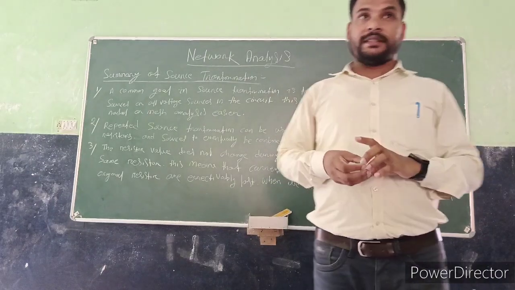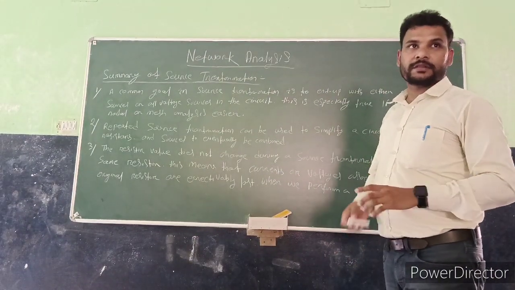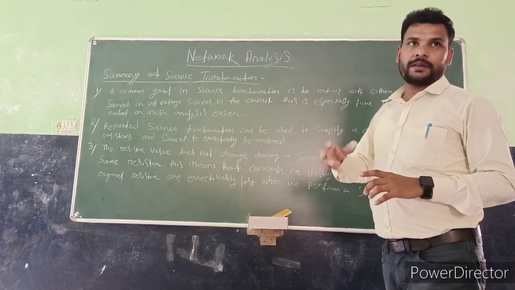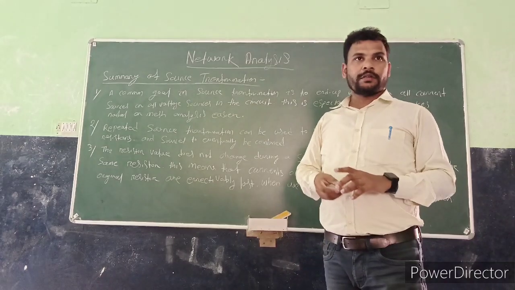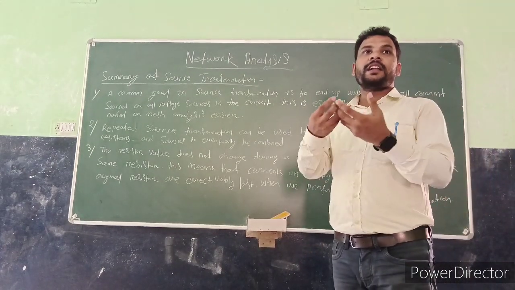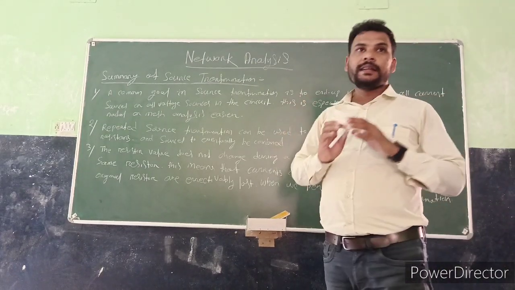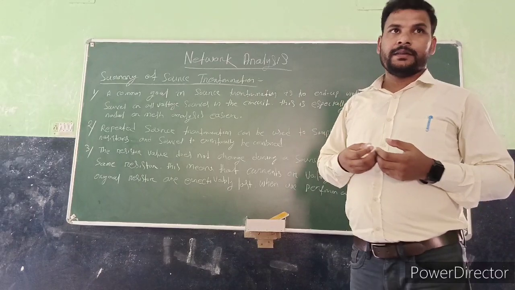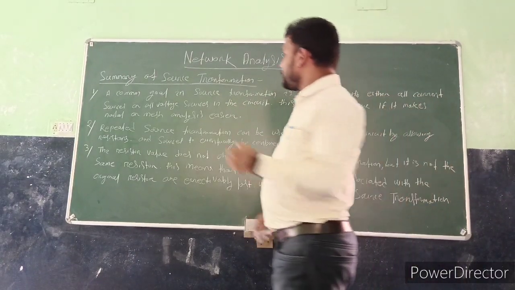If a circuit contains both independent voltage sources and current sources, we have to convert all the sources to one form, all to voltage sources or all to current sources, because it helps us solve the circuit easily through nodal or mesh analysis.